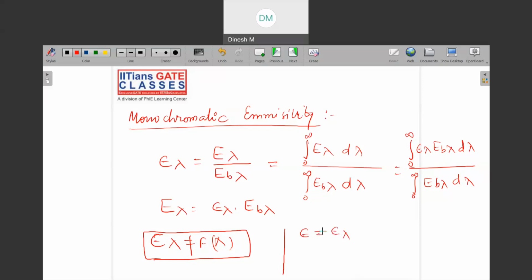So one thing which is done here is that this monochromatic emissivity is not a function of lambda.